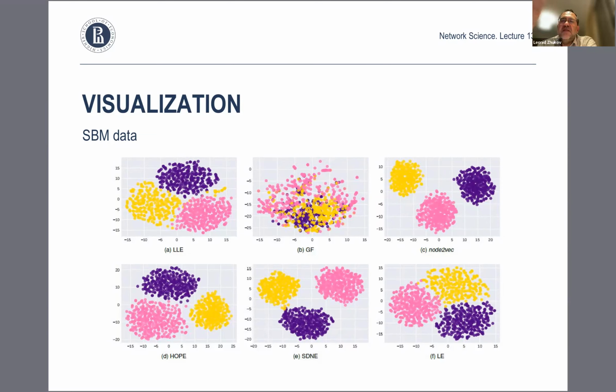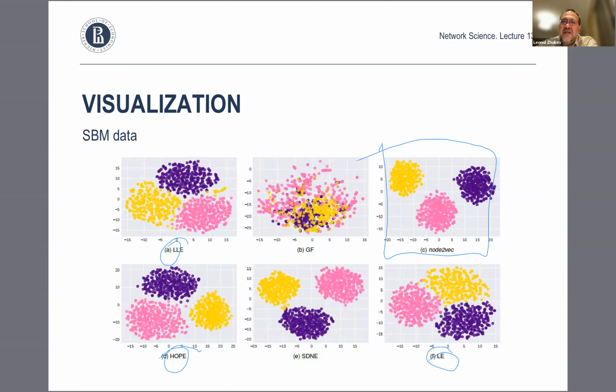And so if you notice, the algorithms like Laplacian eigenmaps and Hope did a pretty good job. But I guess node2vec gives the nicest separation, because again, we wanted communities, and so this is literally clusters.